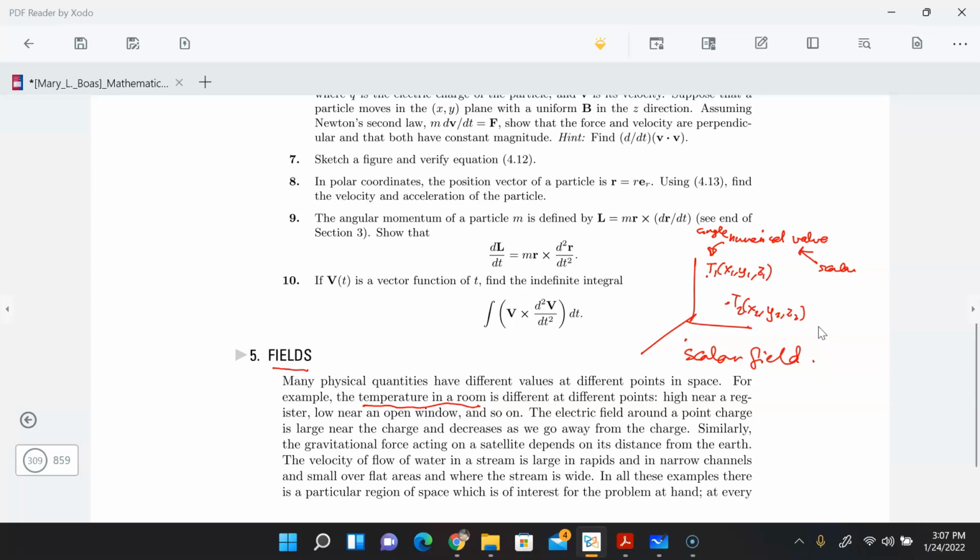Besides a scalar field, instead of just numerical values at these points, one could have vectors. These are things that you have come across perhaps much more commonly in electromagnetism, to talk about the electric field.